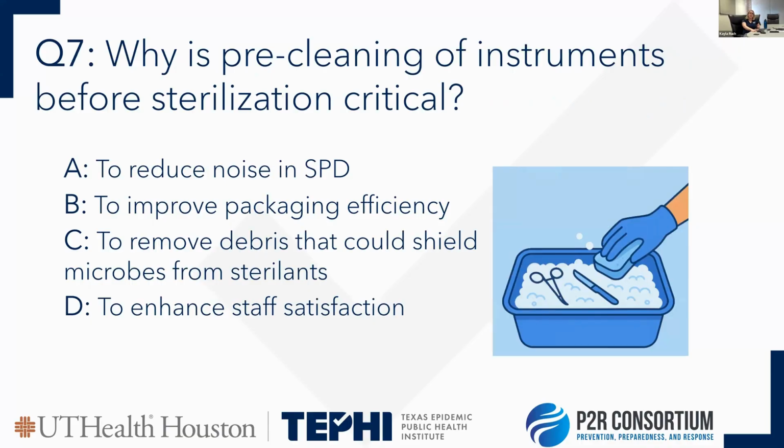Question 7, why is pre-cleaning critical? Is it to A, reduce noise, B, improve packaging, C, to remove debris, or D? Yes, that's right. It's C, to remove debris. I didn't fully mention it, but I talked a lot about it in the last lecture, in the high-level disinfection lecture.